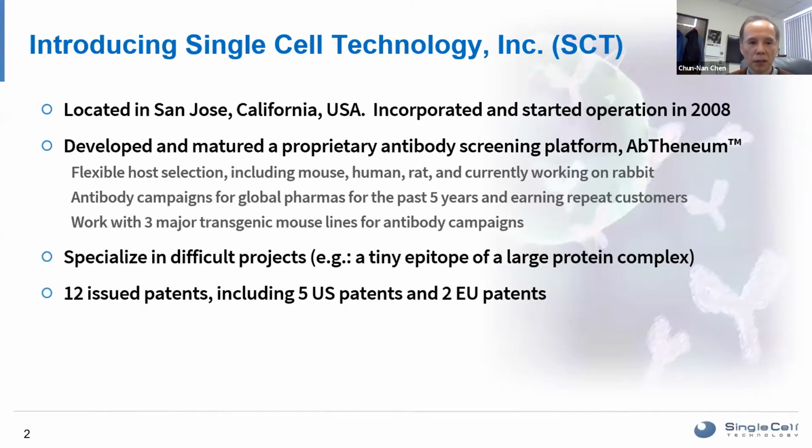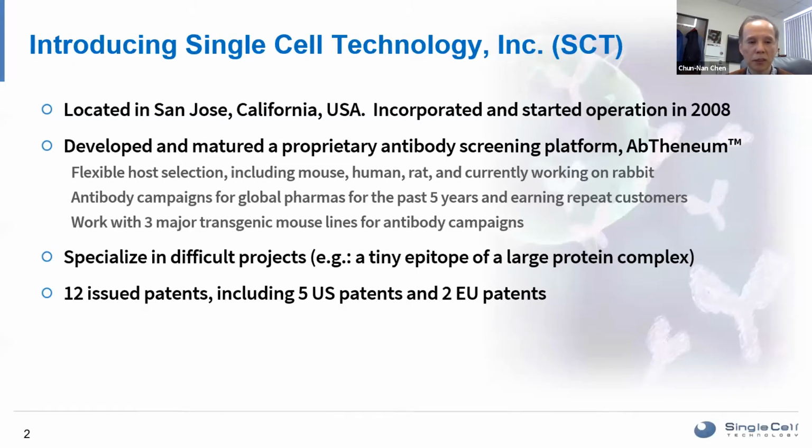And we spent time developing and maturing a proprietary antibody screening platform called AbTheneum. AbTheneum is a play on the word Athenian, a Greek word that stands for an institute of great learning. What we want to imply with the term AbTheneum is that we want to learn a great deal about the antibody response from a host using our platform.